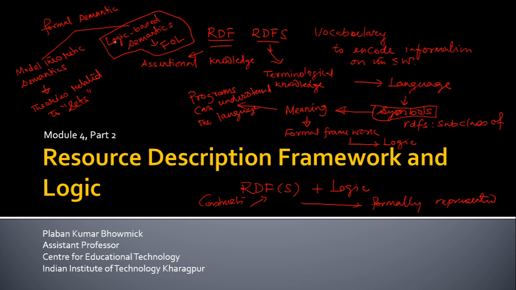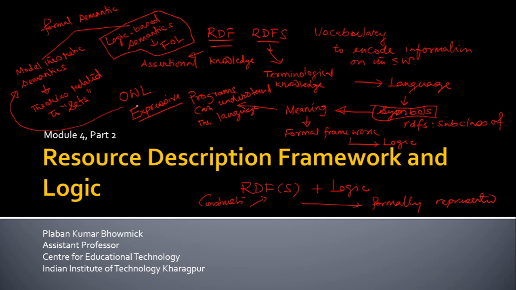When we talk about the other language, OWL, the Web Ontology Language, then we will talk about model theoretic semantics, because OWL is, I think, the most expressive language in the semantic web, more expressive than RDFS.